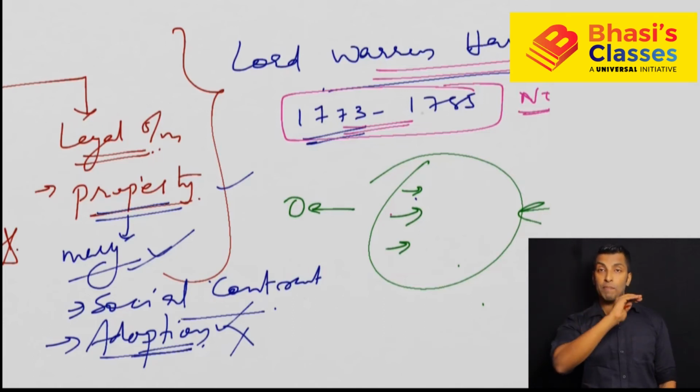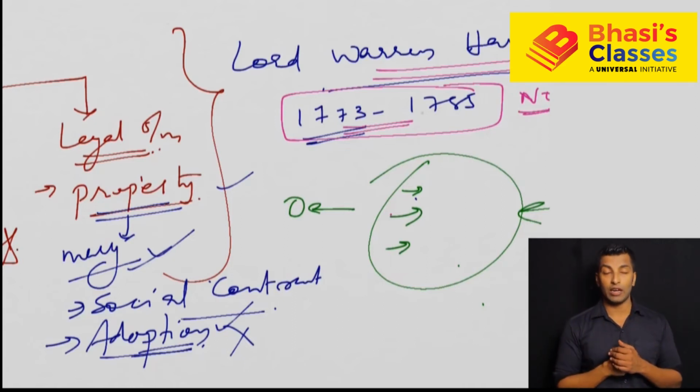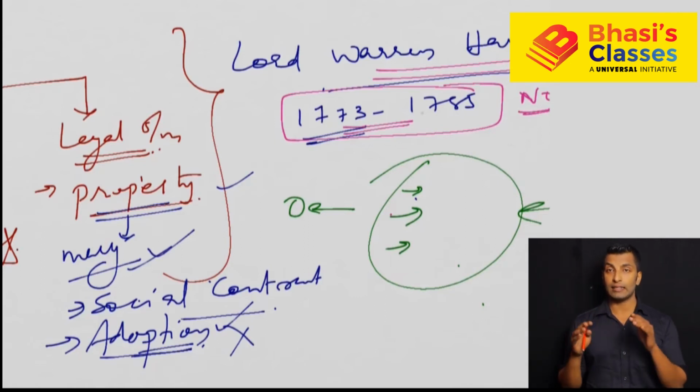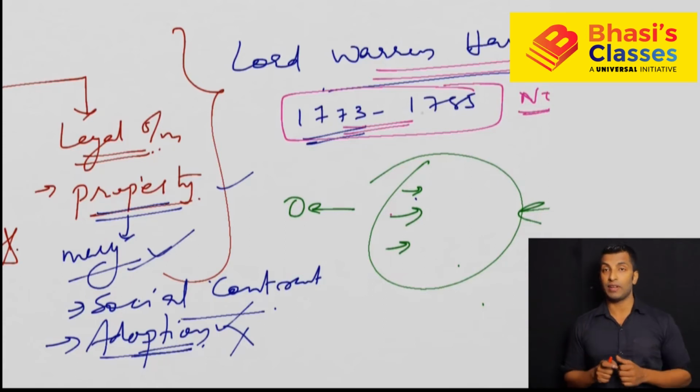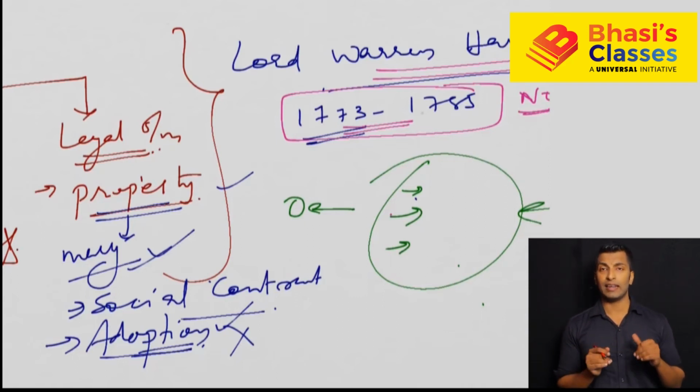In the first two categories, the doctrine of lapse was not applicable. Only those states created under the British Charter were subject to it. States like Satara, Jabalpur, Bhagat, Nagpur and Jhansi were annexed under the doctrine of lapse, which fall in the third category. We'll discuss this in detail when we discuss Dalhousie and the 1857 revolt.